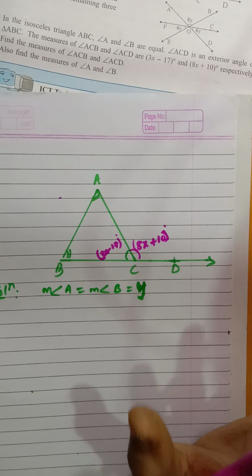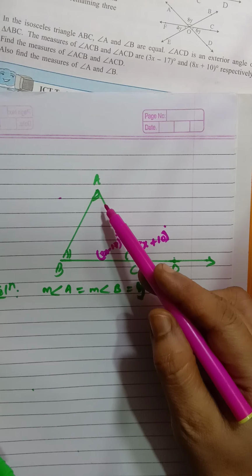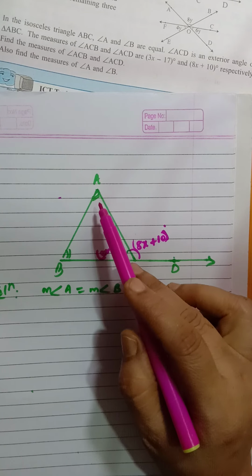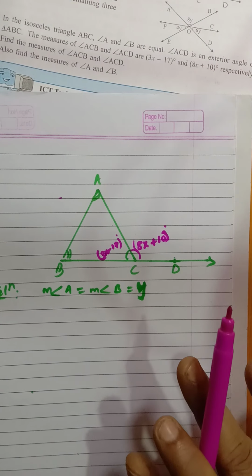Now we need to find the measures of all these angles: angle ACD, angle ACB, and also the measures of angle A and B. All these four angles we need to find.